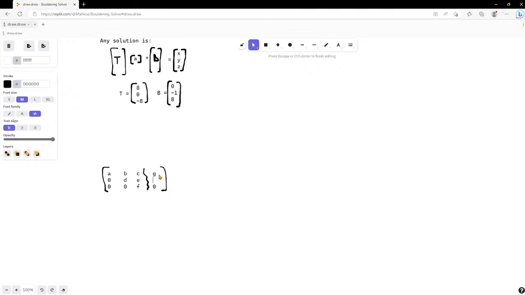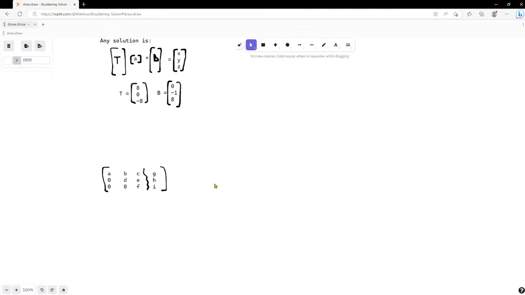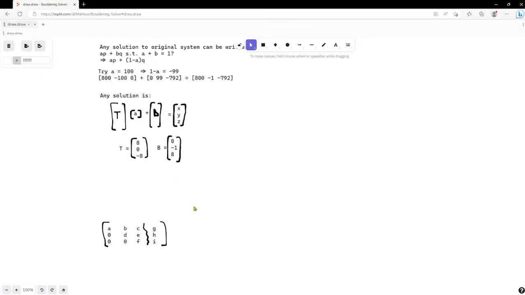GHI, fine, whatever, it just doesn't matter. So in general, let's say that this is our reduced row form, then the solution is z equals I over f. But if I and f are 0, then z is indeterminate.